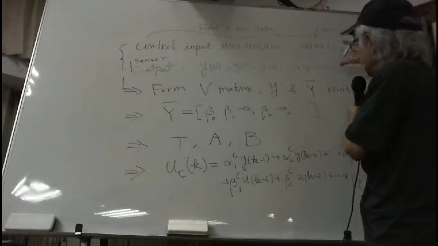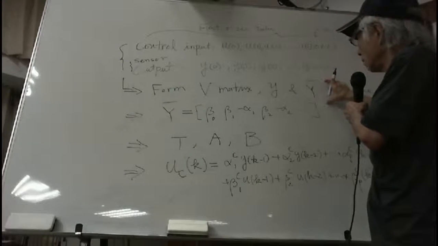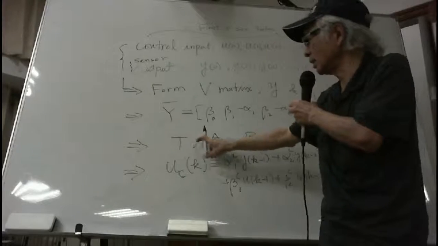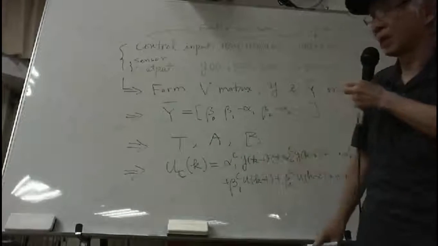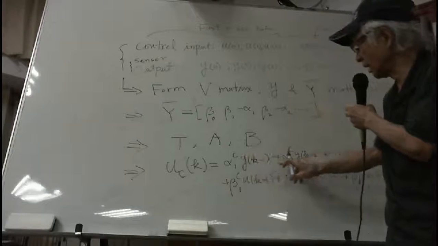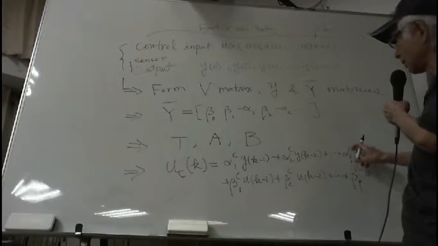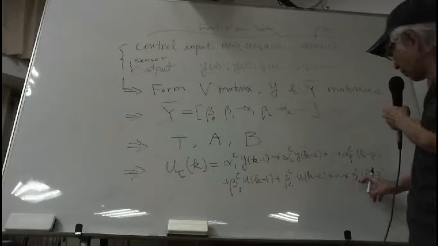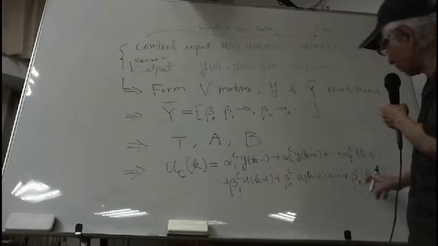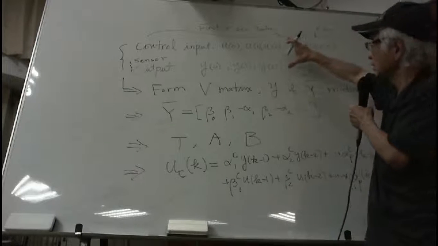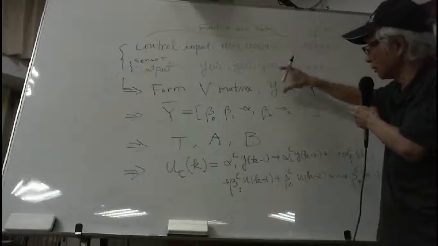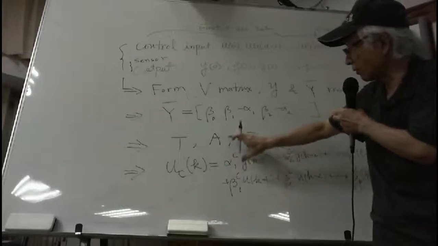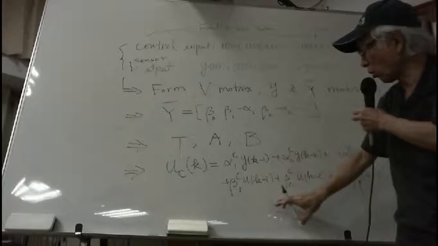I use this data to form V, to compute alpha and beta, compute T, A, B. I compute alpha 1C, alpha 2C, alpha PC, and beta 1C, beta 2C, beta PC. So this set of data is going to allow me to compute alpha, beta, alpha C, and beta C, all these numbers.